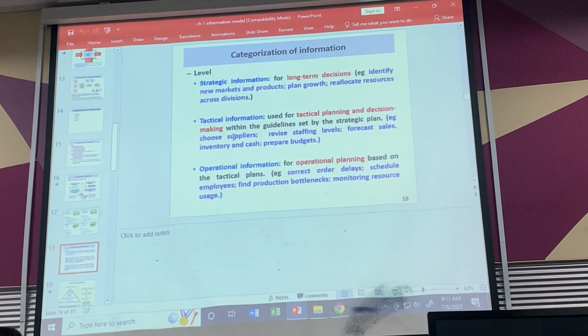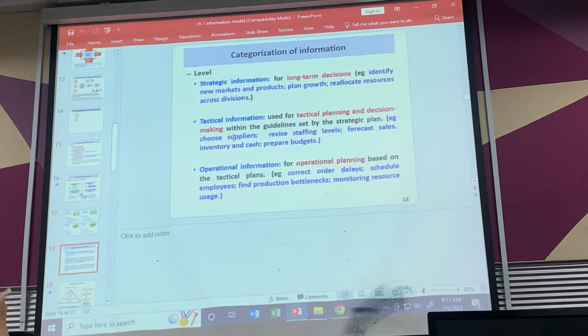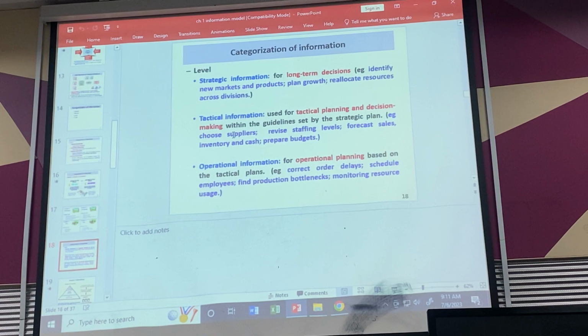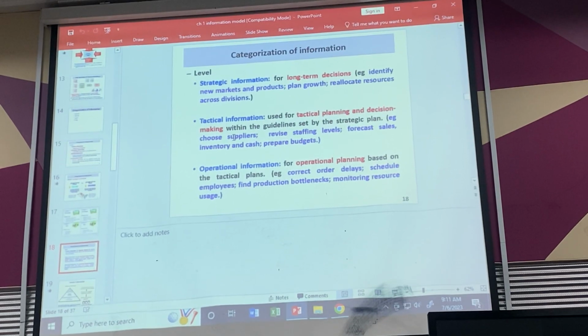See, the plan is inherited from the strategy. How about the operational? If every month I need to produce 8,500 cars, how many workers and how much material do I need to buy? This is operational information. So you can see that all the information is interrelated.